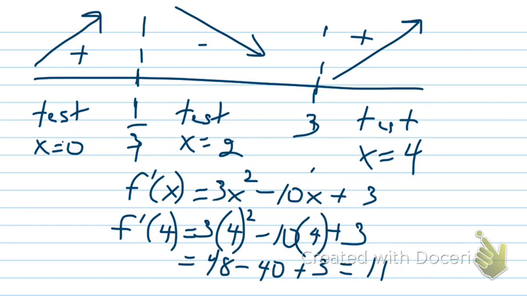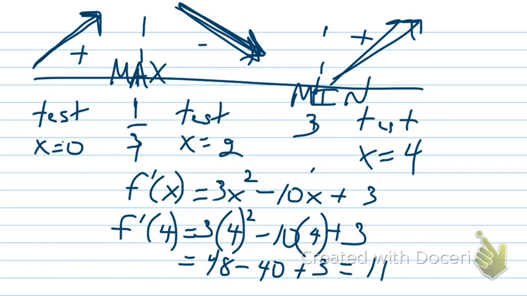And we know that we're going to have a maximum whenever we go from increasing to decreasing. So there will be a max for this value of x at 1/3. We also know that we've got a min whenever the function goes from decreasing to increasing. So there will be a min here for that 3. Okay.